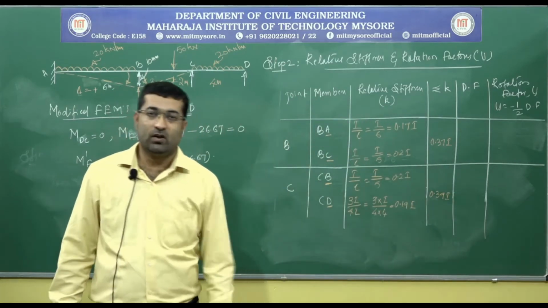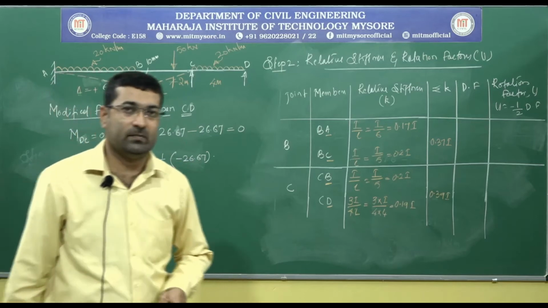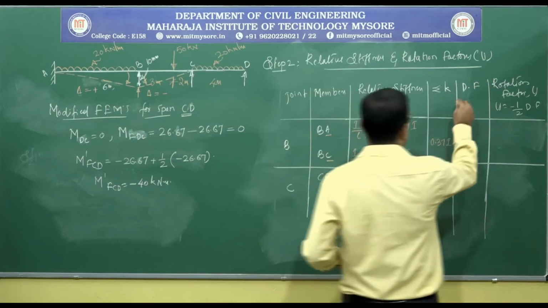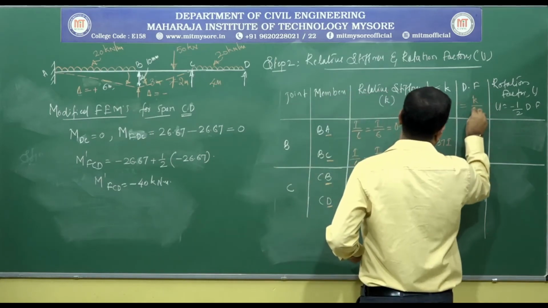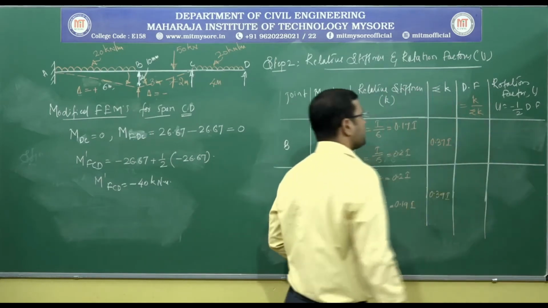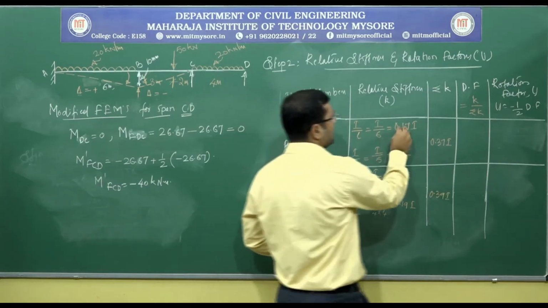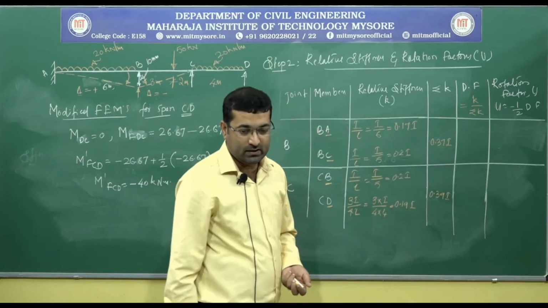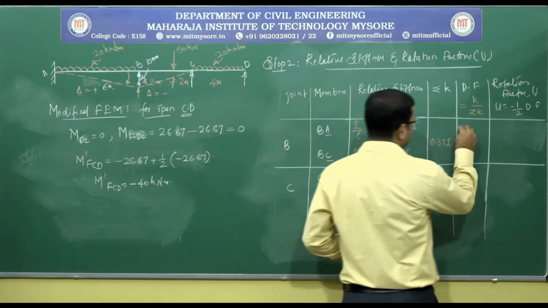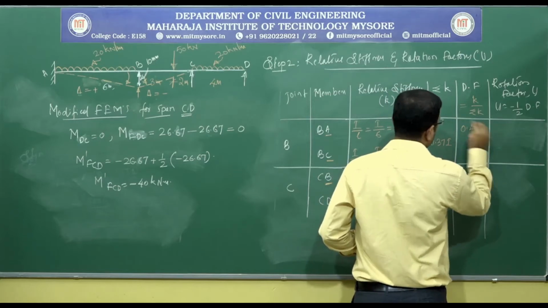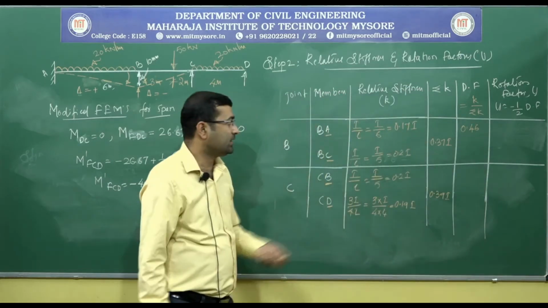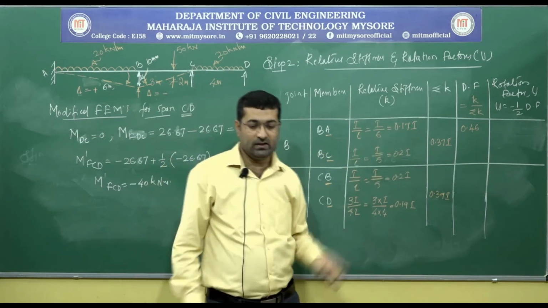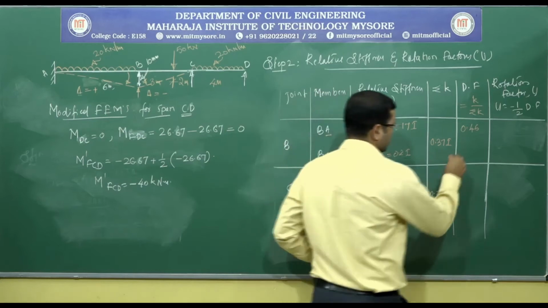Now, based on this, we can easily estimate the distribution factors. So, distribution factor is equal to, we all know, K by summation of K. For BA member, it is 0.17I divided by 0.37I gives you 0.46, and 0.2I divided by 0.37I gives you 0.54.